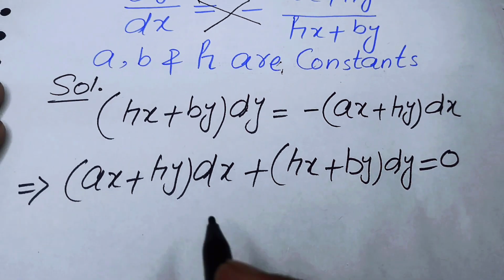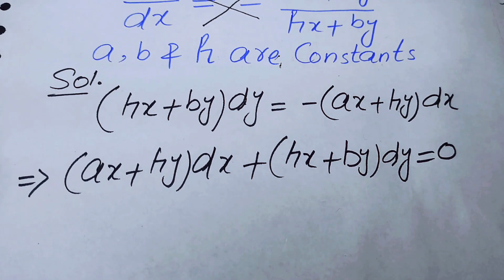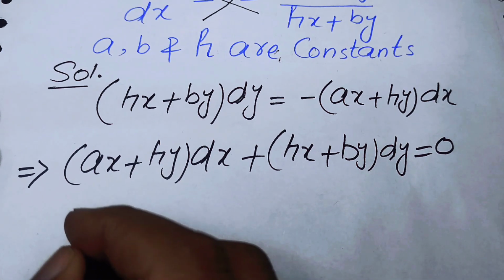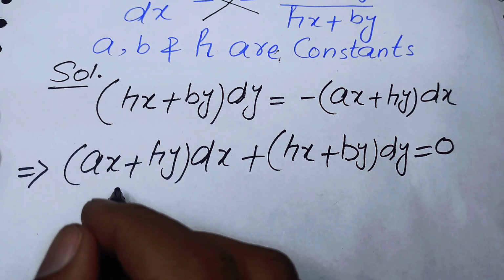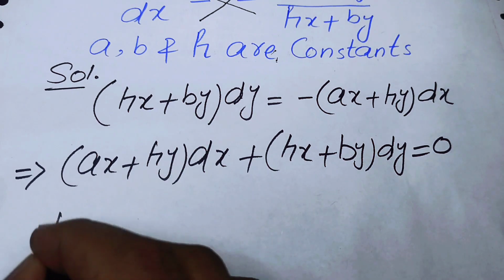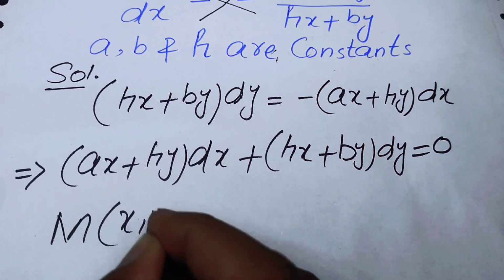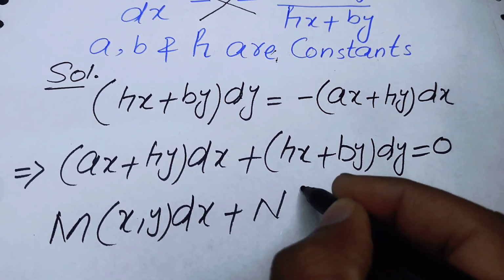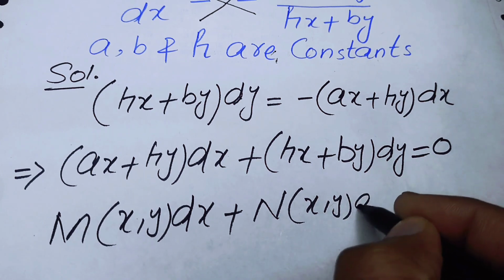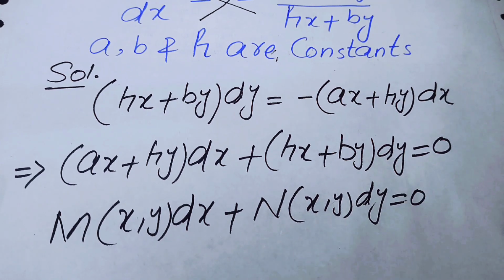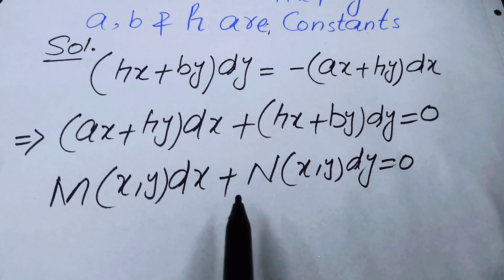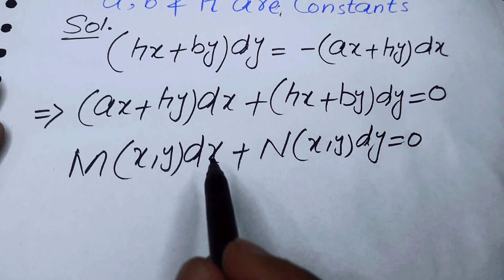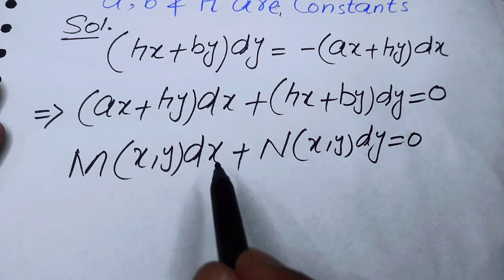Here you can just know what an exact equation is. The standard form of an exact differential equation is M(x,y) dx + N(x,y) dy = 0.